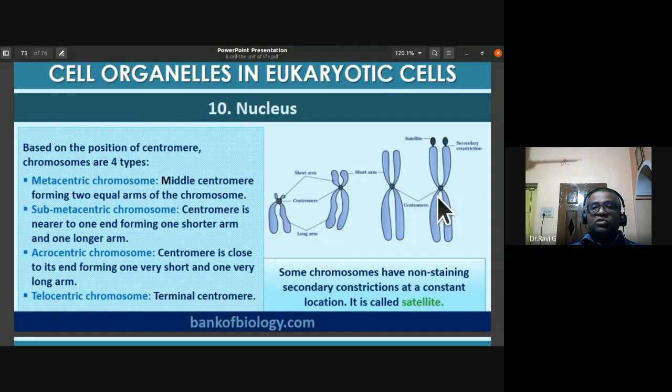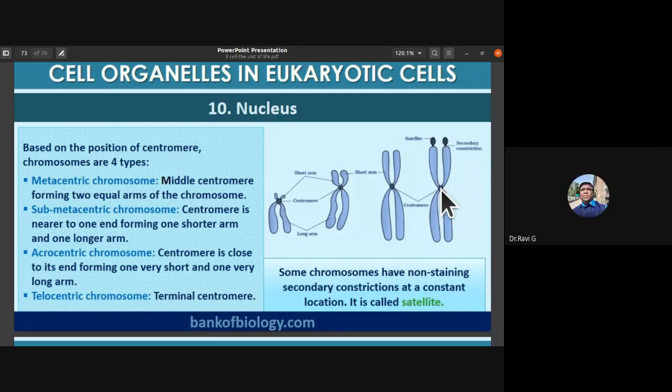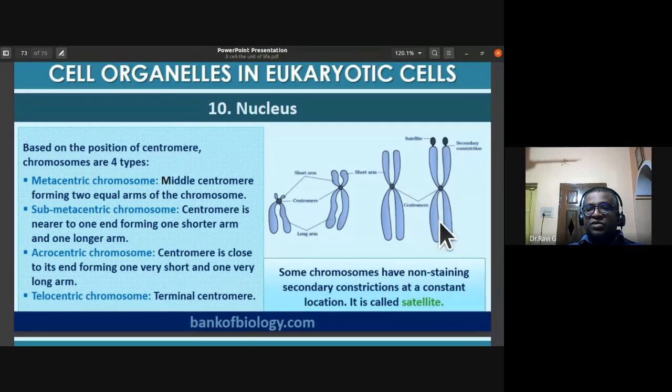In the metacentric chromosome, you can notice the centromere in the middle, forming two equal arms of the chromosome. The position of the centromere is exactly at the center of the chromosome, and they have two equal arms. This we call a metacentric chromosome.